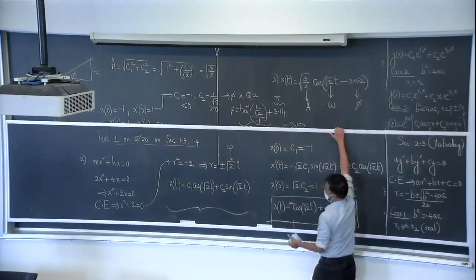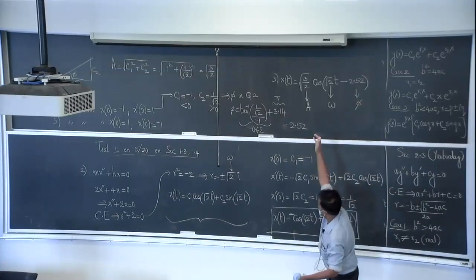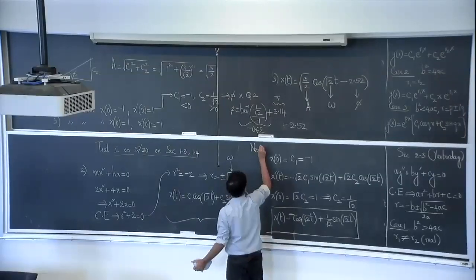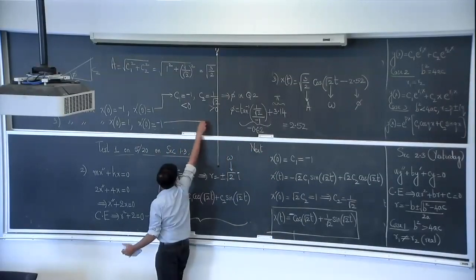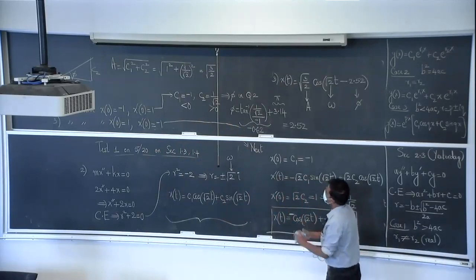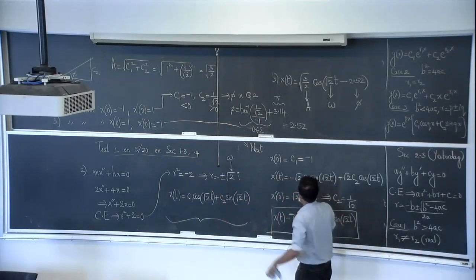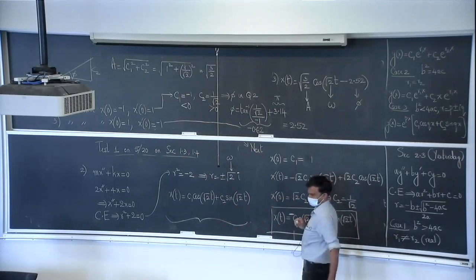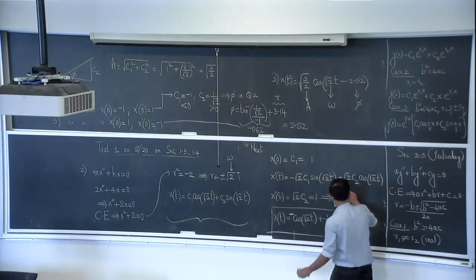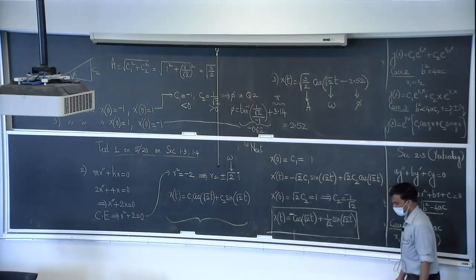There are lots of numbers here, 2, 3, 2, 3. So this refers to the next one. That is this one. So x of 0 will be back to +1 because C1 is x of 0. X prime will give you C2 to be negative. Okay.